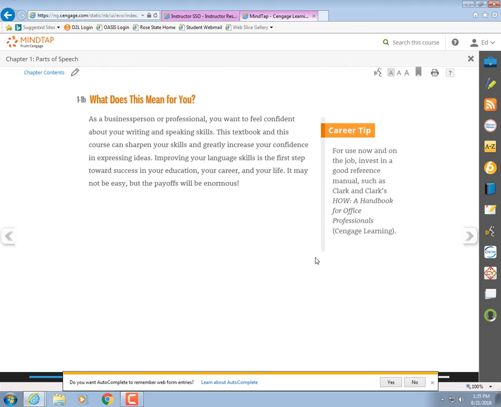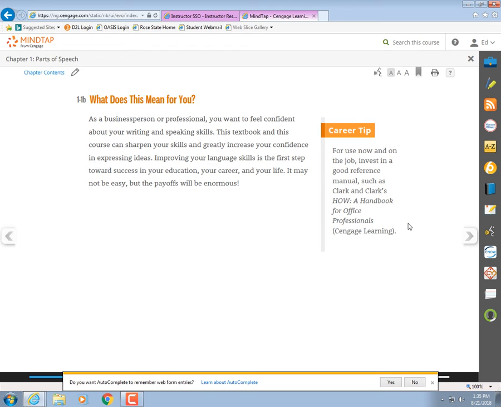Okay, here is a career tip. In this book right here, this is an old version that I have, but notice it says how on it. Now they've changed just the word how rather than how 10. This one has 10, meaning it's an old version. They don't even put the number out to the side of it any longer. But it's actually published by Cengage Publishing.